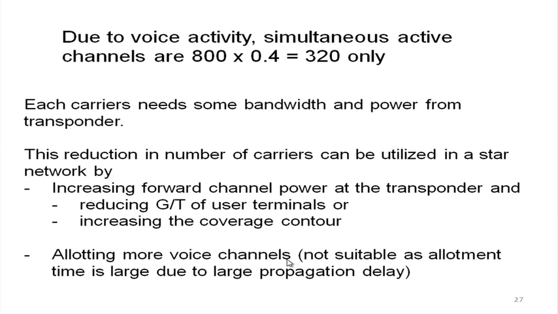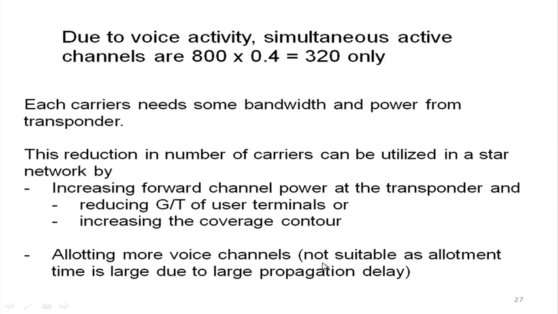Ideally it is true, and many people do it in low delay networks, but in the case of satellite it is very difficult. By the time you detect a voice activity and make an allotment, the receiver has to know which particular frequency is allotted to him.